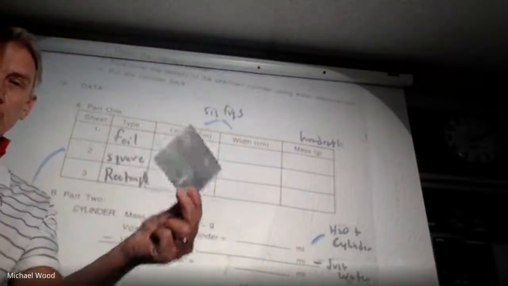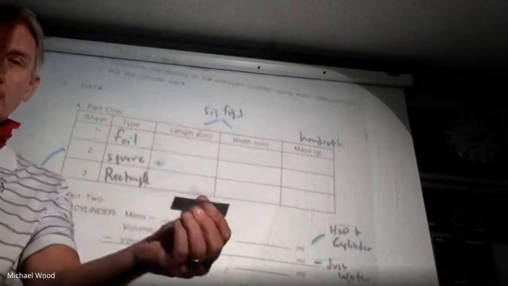So this is going to be the foil that I talked about earlier. This is going to be the square, and this is going to be the rectangle. So you can say foil, square, rectangle.